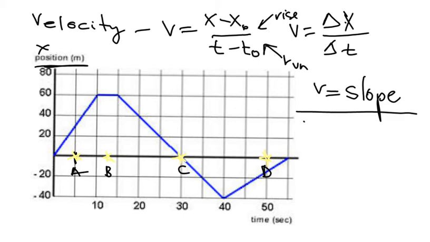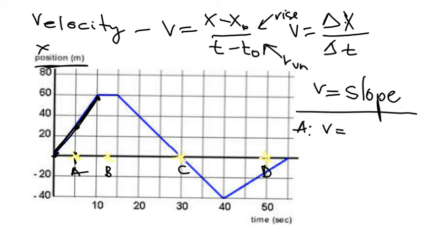Okay, so let's look at A. And remember, slope is always rise over run. And if I want the slope anywhere on this stretch of line, I can take any 2 points on that line. So I'm going to take the 2 easy points. I'm going to take 60 and 0.